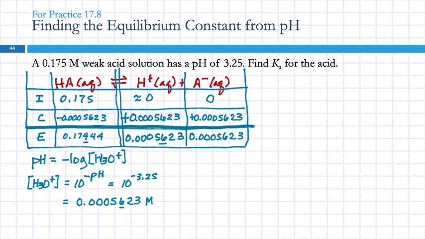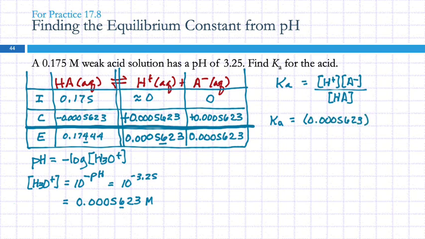We can calculate Ka. So Ka is going to equal 0.0005623 squared, right? It's this times this. It's just that squared, divided by this guy over here, 0.17444.